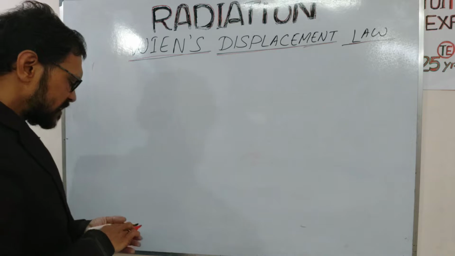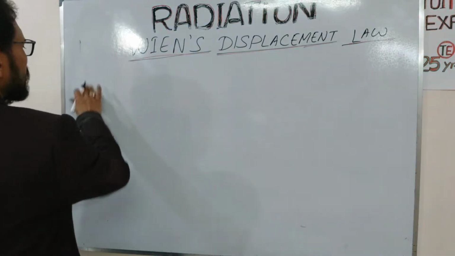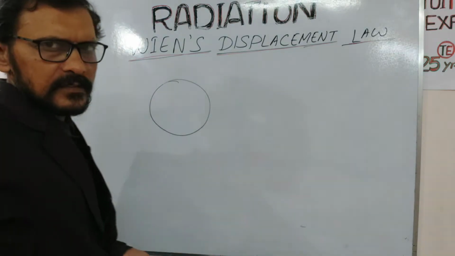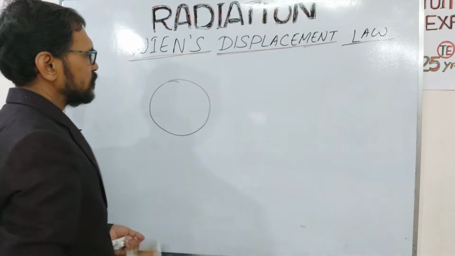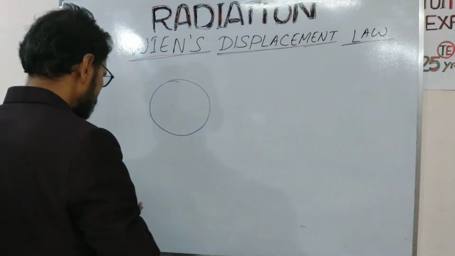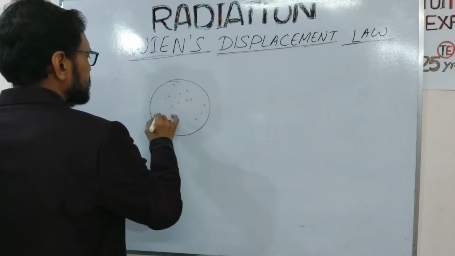So today's topic is Wien's displacement law. Suppose a hot body is placed in surroundings, a hot body whose temperature is fixed.